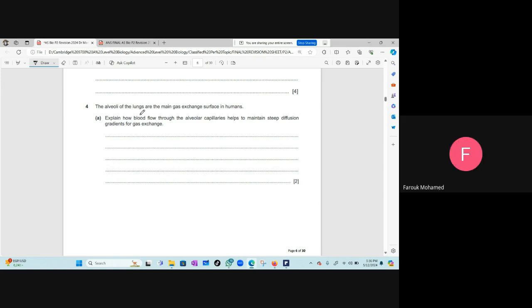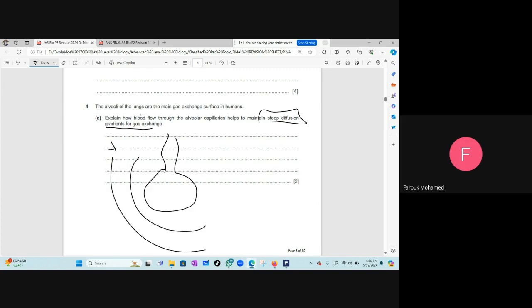Okay, now let's look at this question. Explain how blood flow through the alveolar capillaries helps to maintain steep diffusion gradients for gas exchange. Okay, the blood arrives in the capillaries with a low concentration of oxygen, so the oxygen can diffuse in down the concentration gradient, and it has a high concentration of carbon dioxide, so that the carbon dioxide can diffuse out into the alveoli.